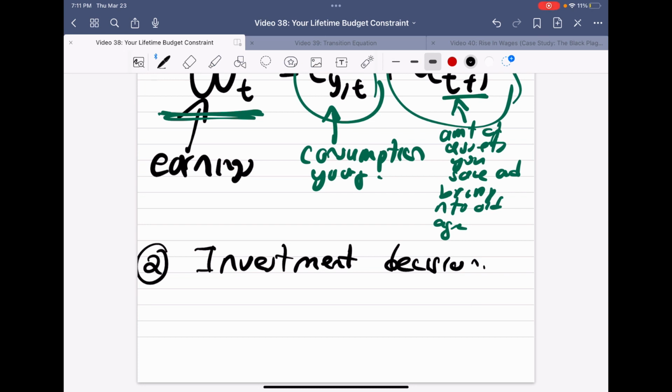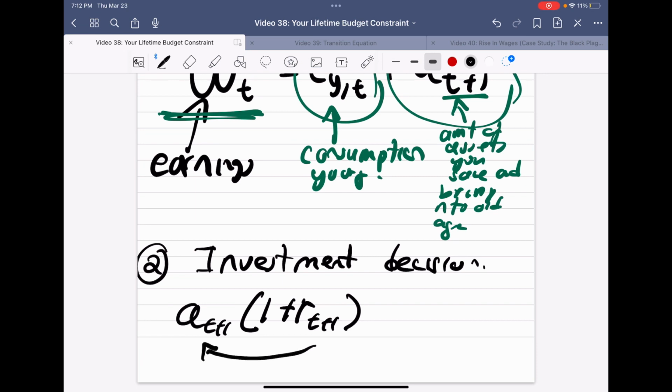So you will get your principal, which is the amount you invest, and you will get the interest from what you invested. That's common sense. So how do we present that in an equation? We simply say A_t+1, which is the amount of assets that we save, times (1 + r_t+1). r_t+1 simply refers to the return you earn on your investment of A_t+1.